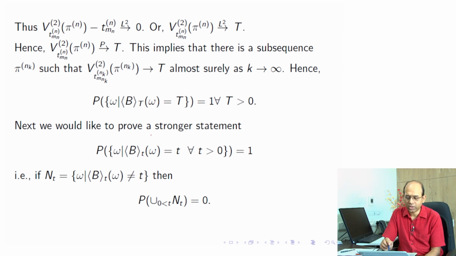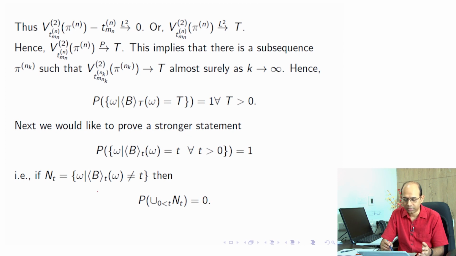So next we would like to prove a stronger statement: the probability of observing that the quadratic variation Bt is equal to T for all T, that means the path is exactly this, is 1. That is synonymous with saying that we observe the complementary part, that it is not equal, that Nt has probability 0.